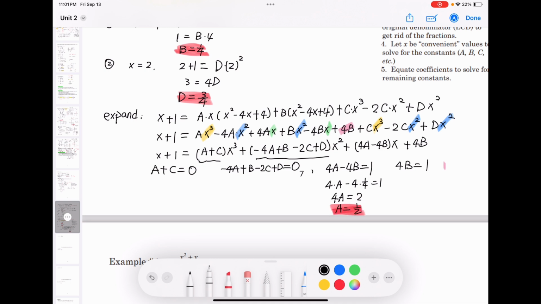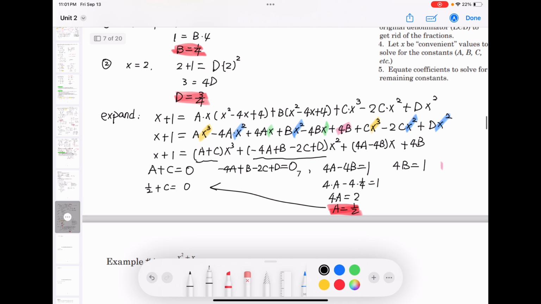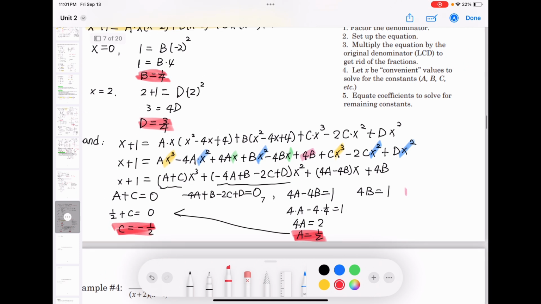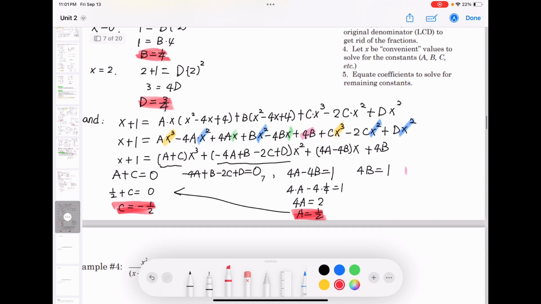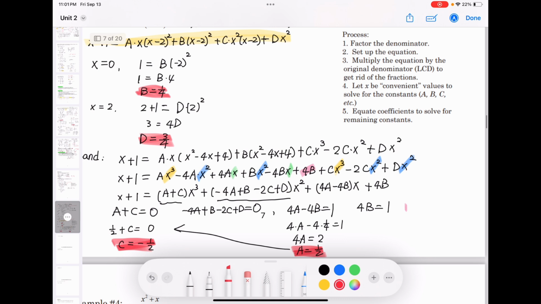And how about the last one, c? We can bring a's value into this equation and solve for c. 1/2 plus c is equal to 0, so c is equal to negative 1/2. So we found all 4 constants. Then we can express our equation. Let's move our expressions here.